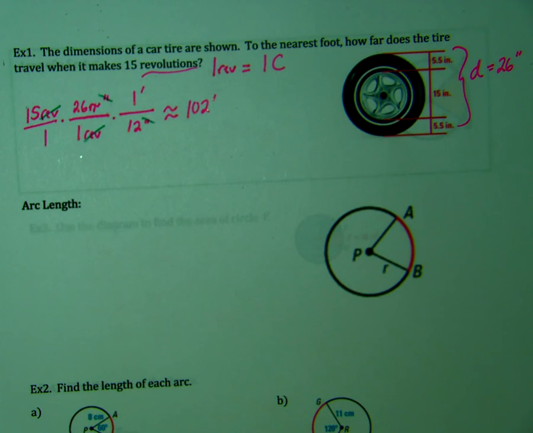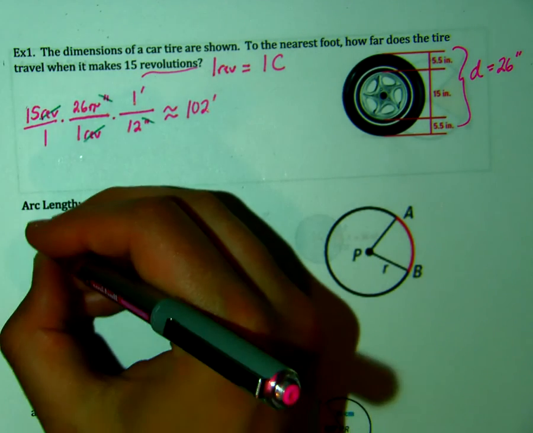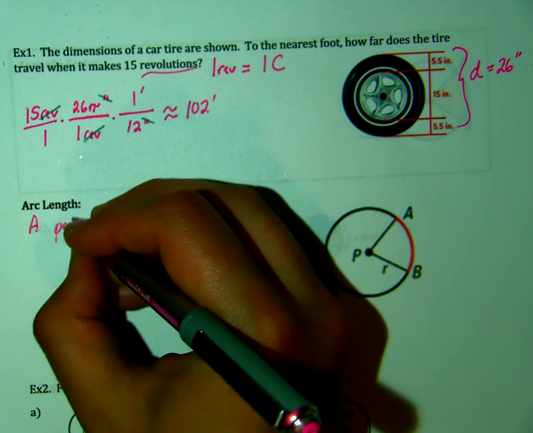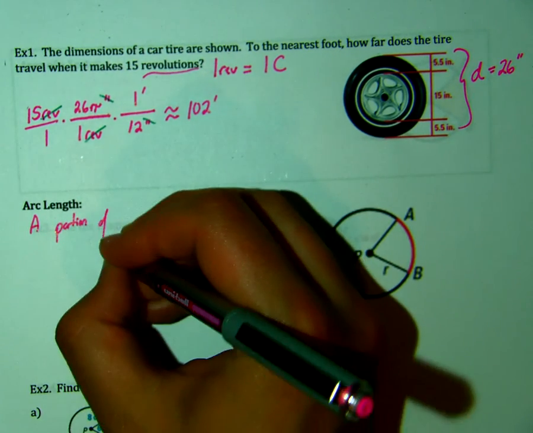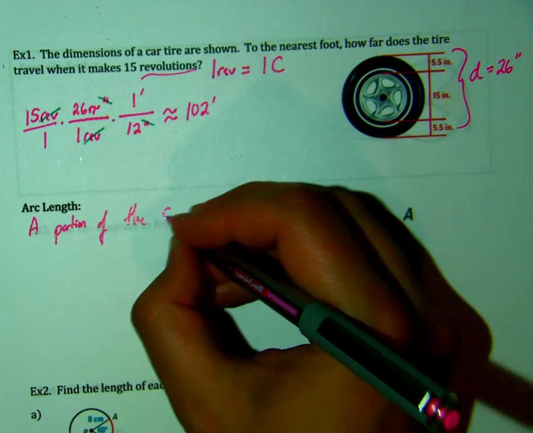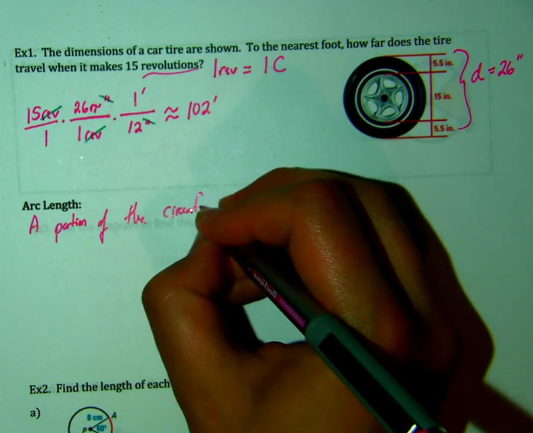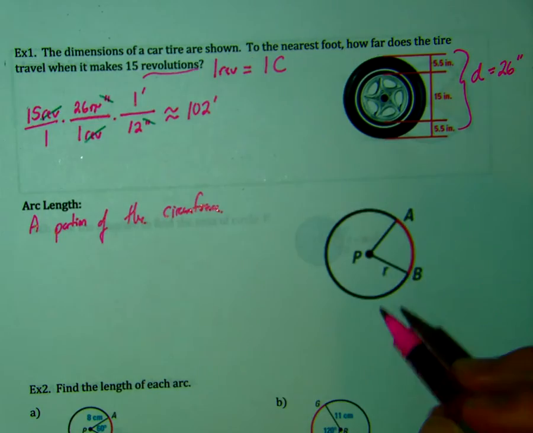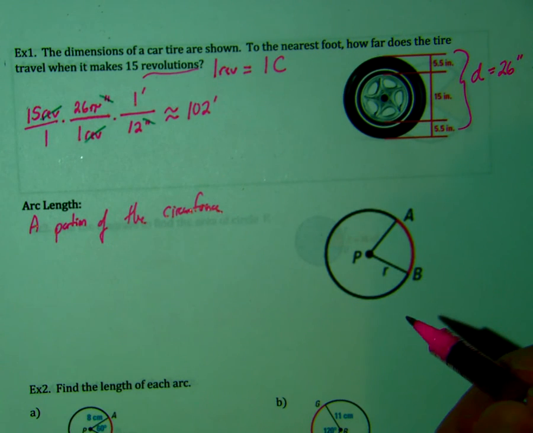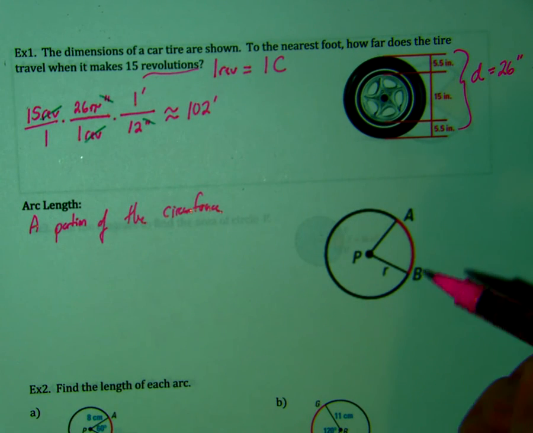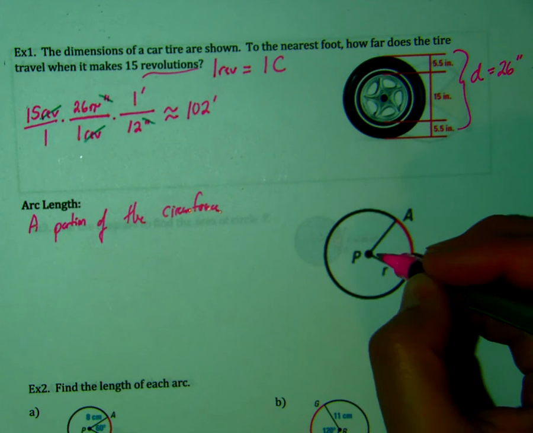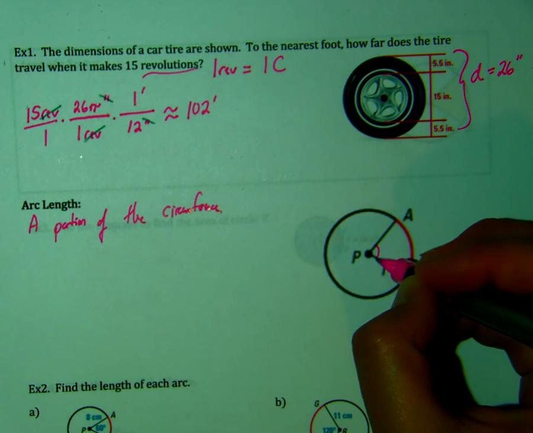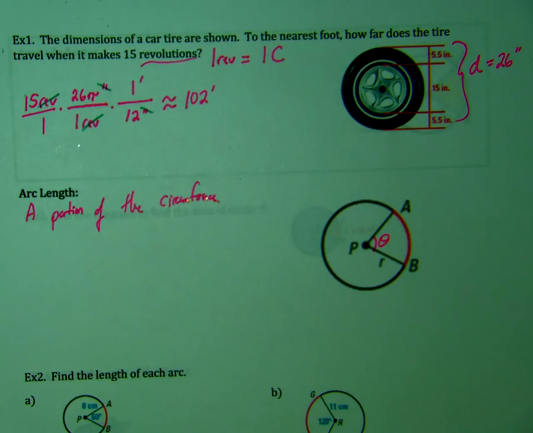So arc length is just a portion or a fraction of the circumference. Okay? So the wording is slightly confusing because we've talked about the measure of the arc. So the measure of the arc is equal to the same thing as the measure of the central angle. So the measure of the arcs are measured in degrees, okay?